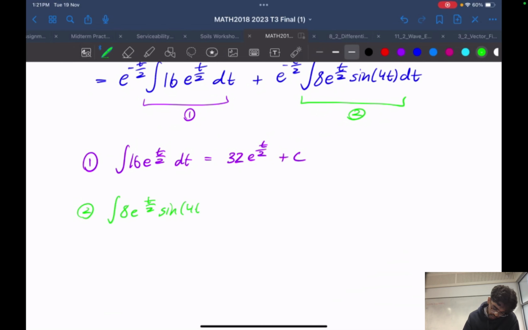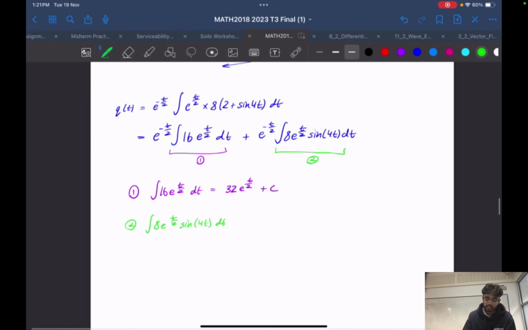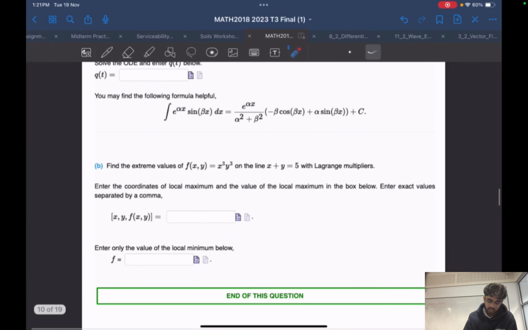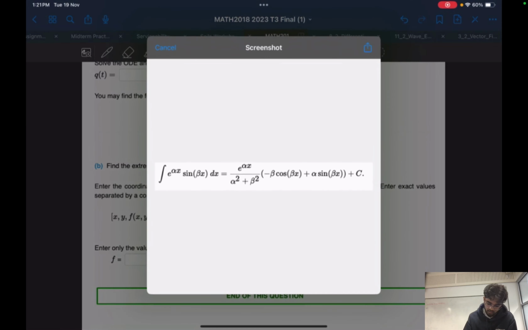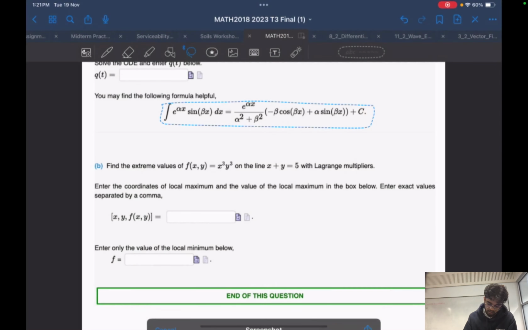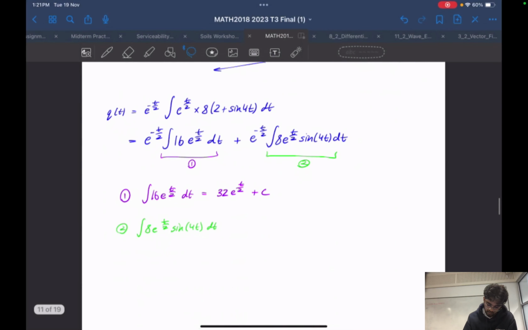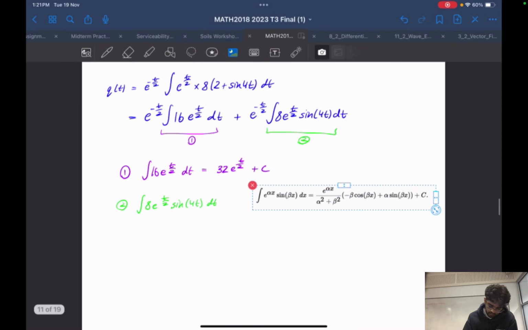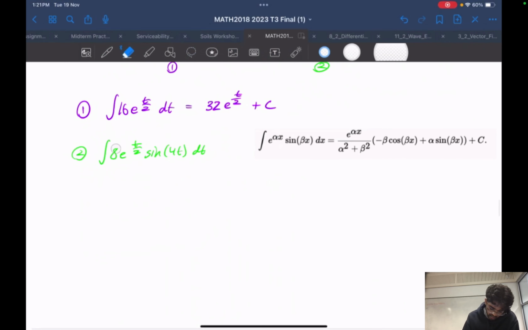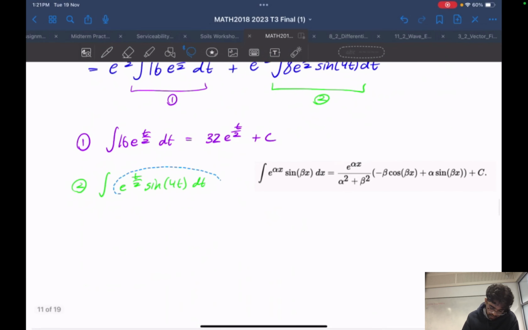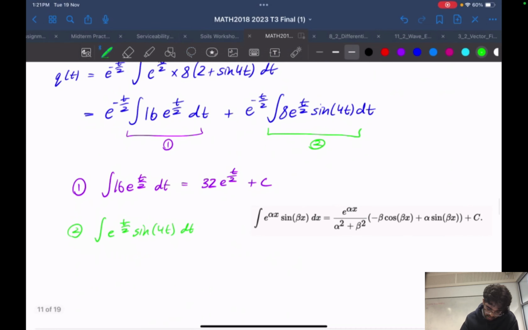And then for 2, you get the integral of 8 e to the t on 2 sine of 4t dt. And this is when we're going to need to use this huge formula here. So I'm going to quickly copy this formula down so it's easy to see. I'll take the 8 outside, so don't worry about the 8.